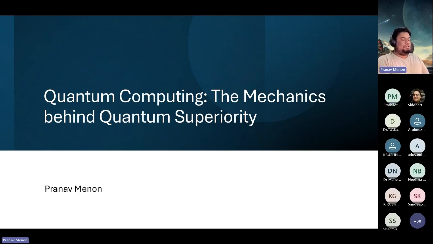Like Siddharth just mentioned, I've been working as a software engineer at Intel, and one of the biggest problems that Intel Foundry is facing is that as we go down the size of each node, we are having issues. The closer we get in the classical world to developing a CPU and making a chip, the smaller the size, and the closer you get to the atomic level of a particle.